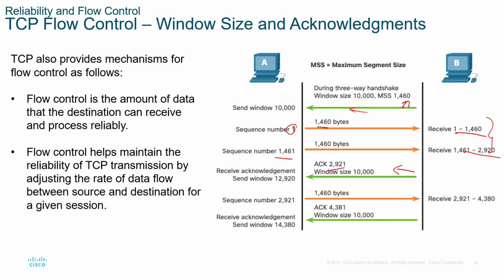It means we have received 2920 bytes so far. Sequence number 2921, we send more information, the maximum segment size. It gets received and an acknowledgement is sent again. Take note of the acknowledgement number as well.